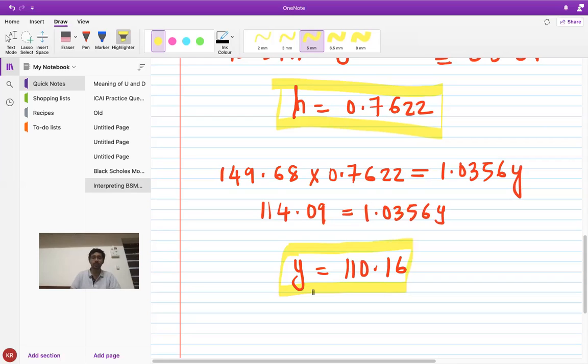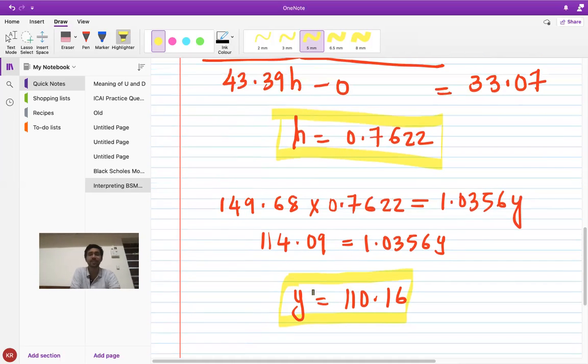What we are essentially saying is that one call option can be replicated by borrowing 110 rupees, or borrowing $110, and buying 0.76 shares. One call option can be replicated by borrowing $110 and buying 0.76 shares.